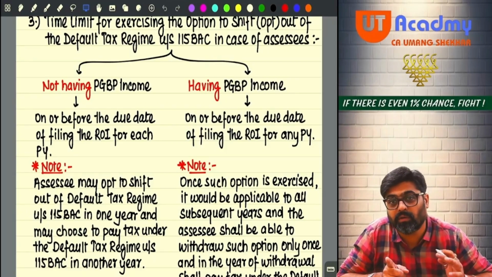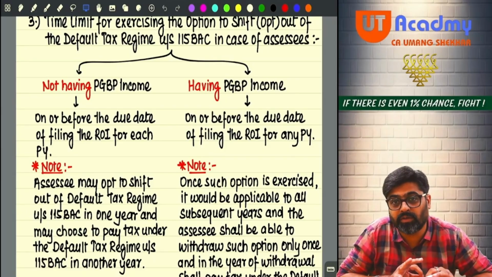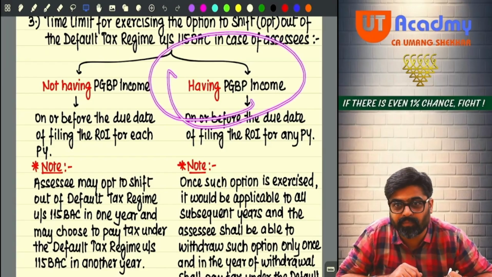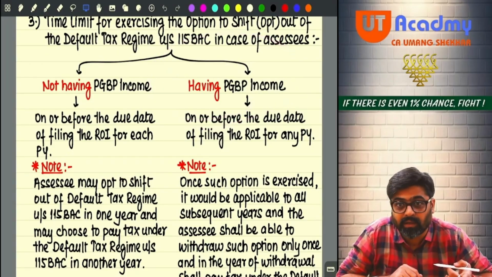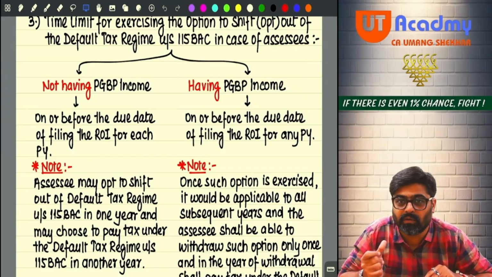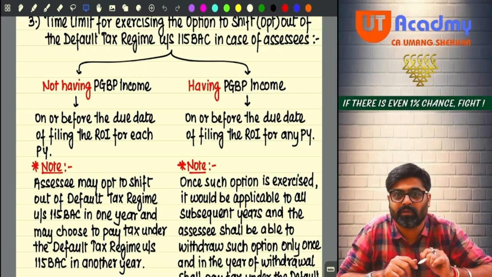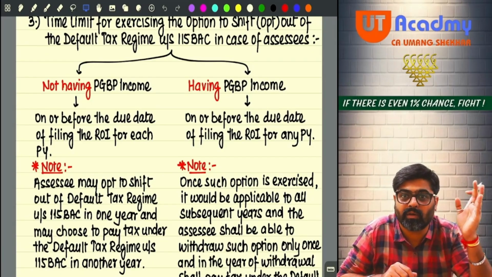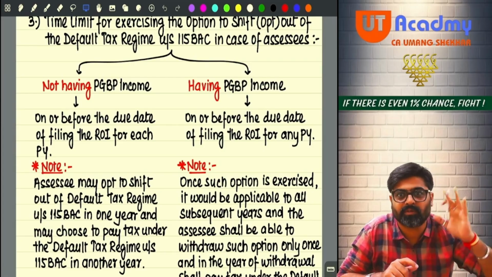The year in which you don't shift out, you are earning PGBP income, and from that year 115 BAC will stick to you every year. Later on you are not going to get this option to shift out.